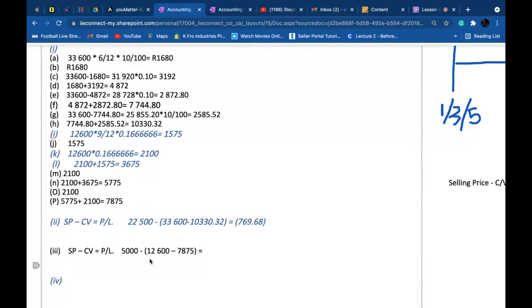Which then gives us the balance, or what's the total we then get? 4,725.